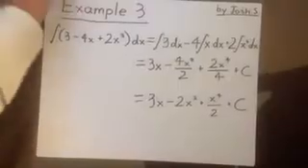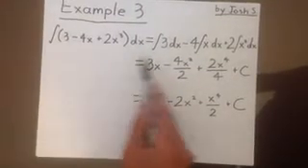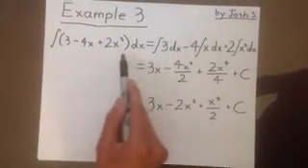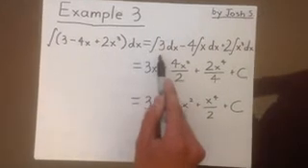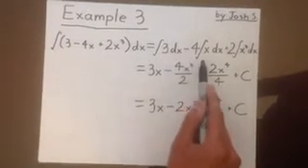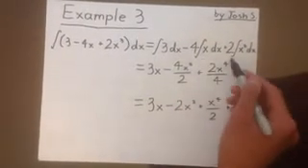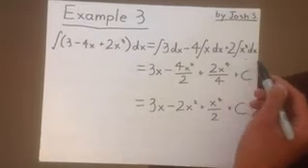So as shown in here, we separate 3 minus 4x plus 2x cubed into their respective functions: the integral of 3 dx minus 4 integral of x dx plus 2 integral of x cubed dx.